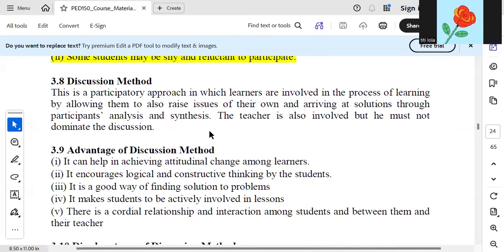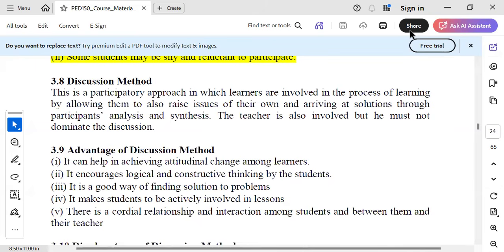The next type of method we will talk about is discussion method. Well, I will not be wasting much of our time today because we seem not to have a lot of time on Zoom. So let's go straight to reading it and then try to explain it briefly as much as we can. What is discussion method all about?